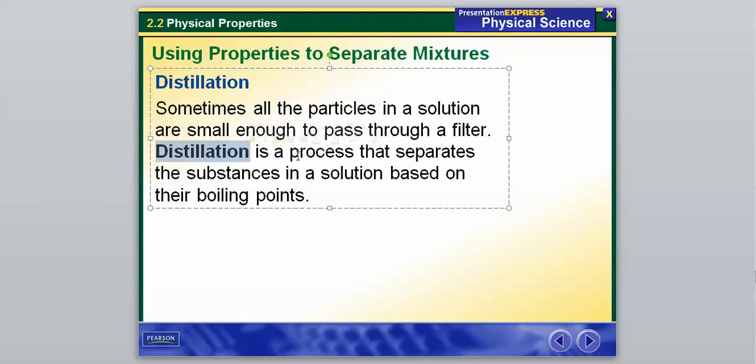If we have water and sugar that are dissolved together and put it through distillation, when the water boils, all the water will go out and separate, and it's going to take longer for the sugar. The sugar has to boil at a hotter temperature, so it will remove the water and we will be left with the sugar. That is basically how distillation works. It's separating substances based on their boiling points.